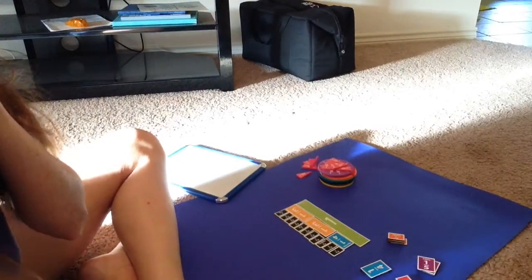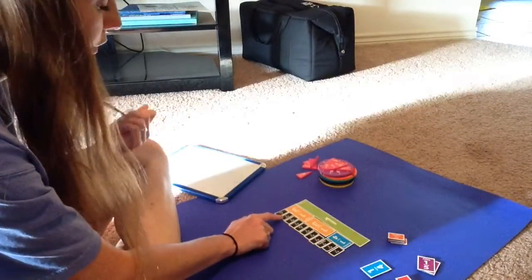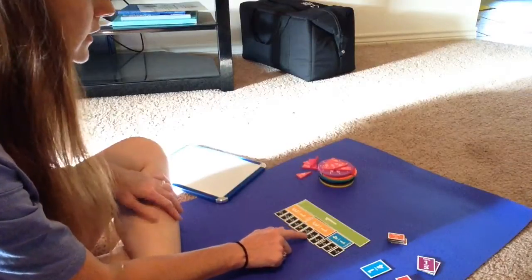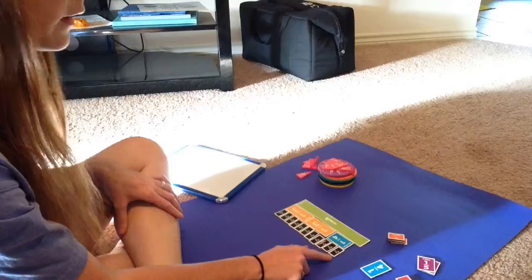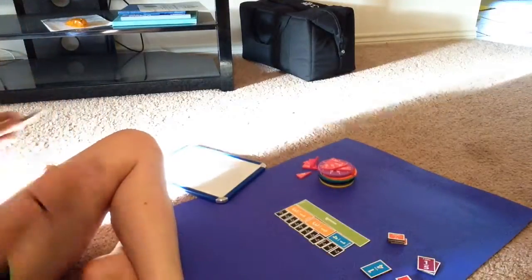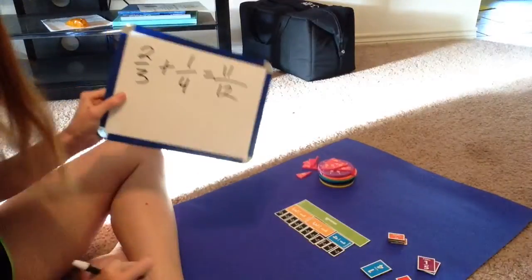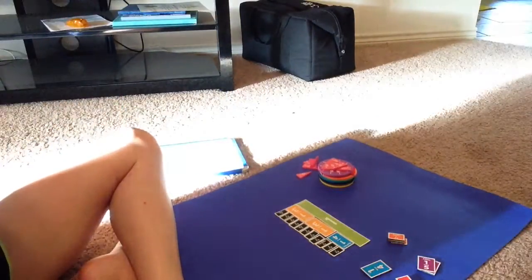So let's count. 1, 2, 3, 4, 5, 6, 7, 8, 9, 10, 11. So we have 11/12ths of the pie eaten by Matt and Tegan.